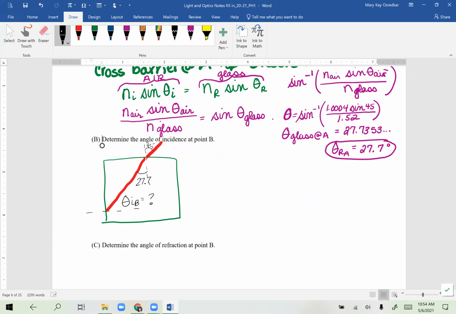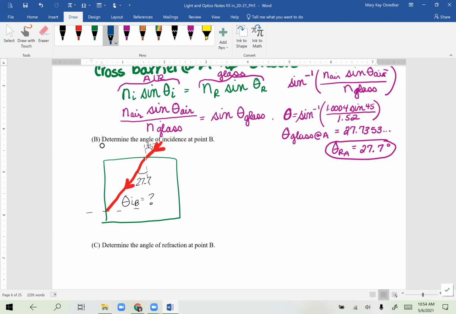Okay, are we good with that? Okay, here's my, sorry, this is a bad drawing. Question: are we crossing a barrier as we go from point A to point B?